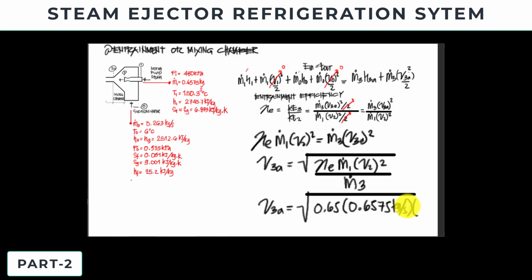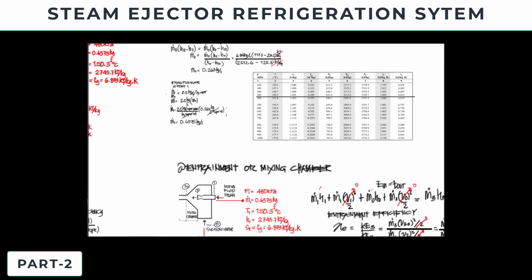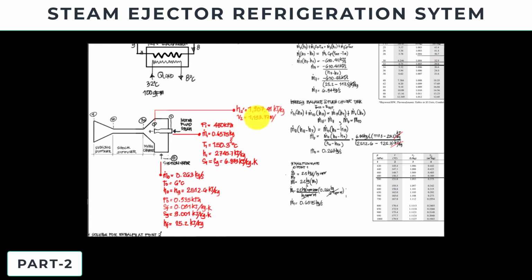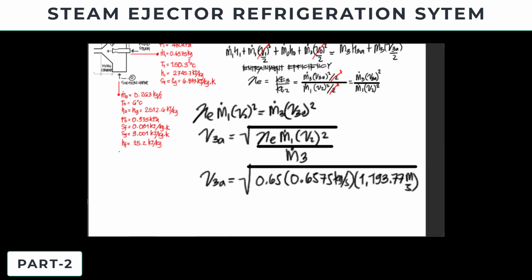And then the velocity, we have the velocity 2. Again, from our previous computation, velocity 2 is 1,193.77.